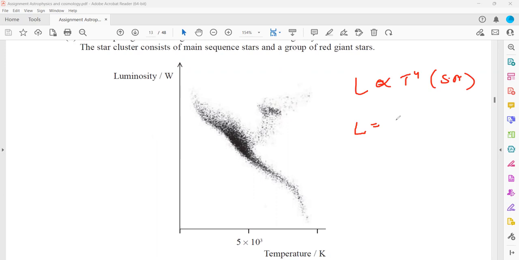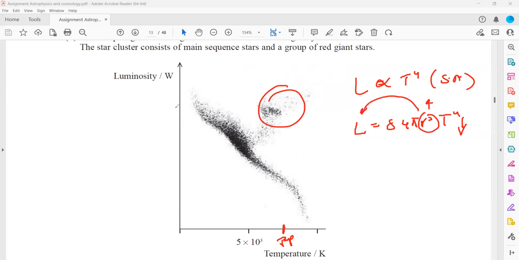That is, the Stefan-Boltzmann constant times 4 pi r squared, the radius of the star squared, and T raised to the power 4. So even though these red giants have a low temperature compared to others, their size is big. That's why the luminosity is higher.